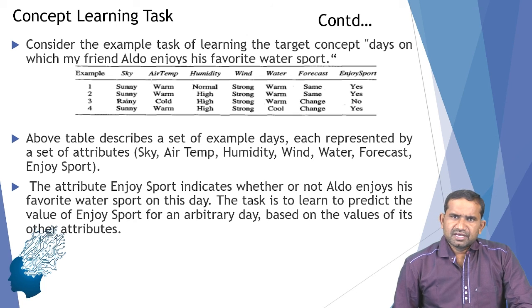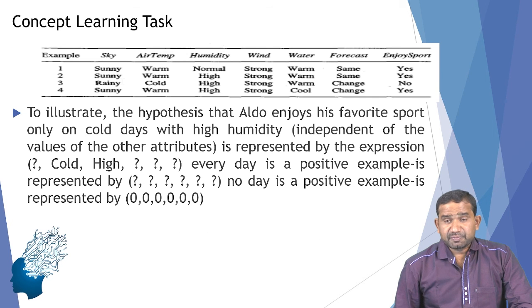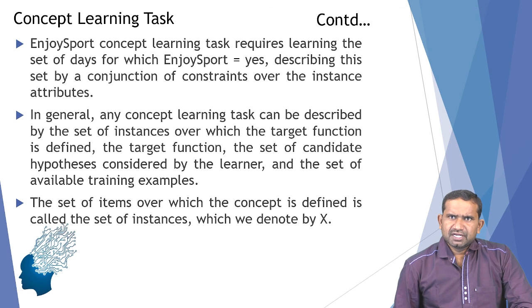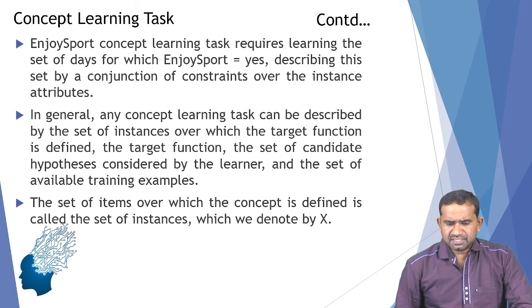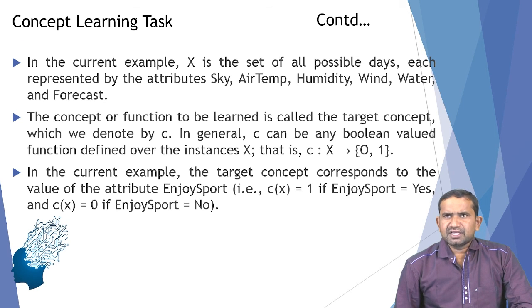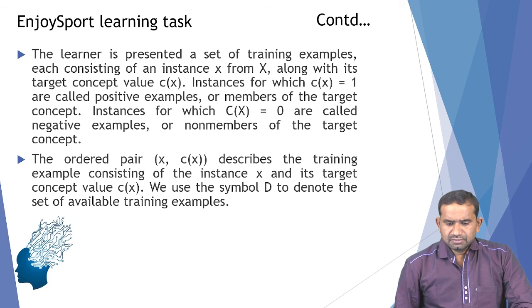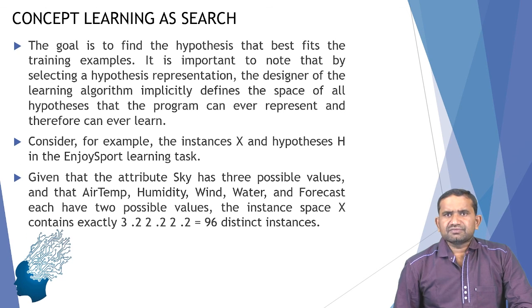The main example is to learn a system to enjoy water sports, and we discussed some representations, special attributes about enjoying the sports or not, based on a Boolean valued function. So up to now we discussed the concept learning task. In the next session, we discuss concept learning as search with an example.